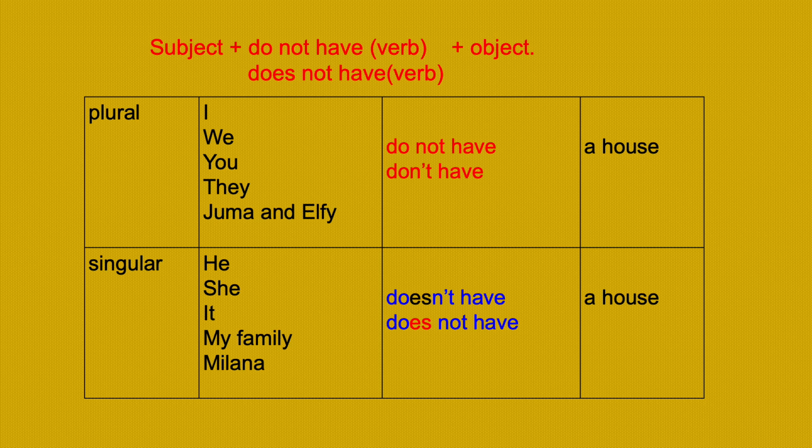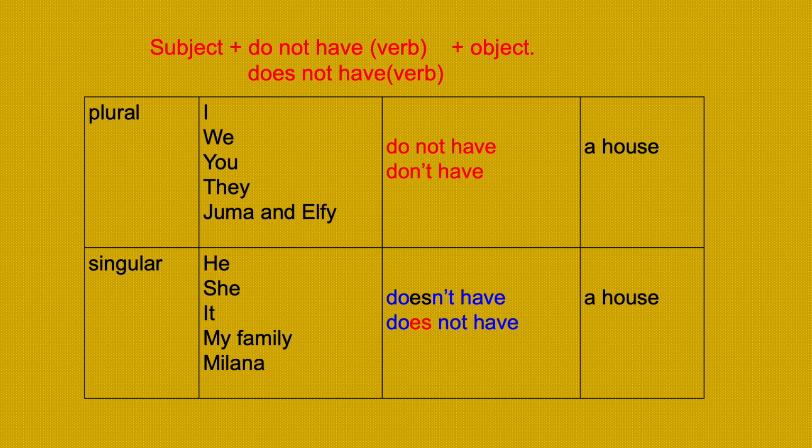Does not have is the long form. Usually we use this to write. Doesn't have is used to speak in day-to-day communication, to talk with people. It's a short form. Let's make sentences using this substitution chart.